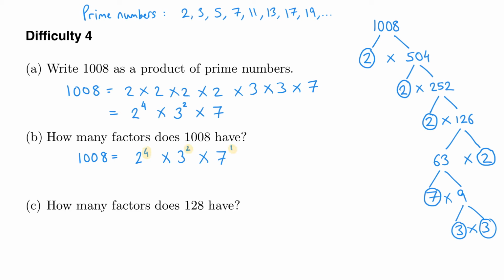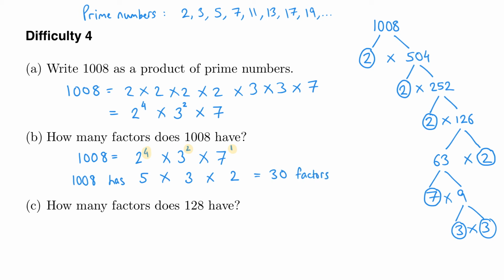Then we need to add 1 to each of those indices. So 4 plus 1 gives me 5, 2 plus 1 gives me 3, 1 plus 1 gives me 2. And I then multiply those together. 5 times 3 times 2 gives me 30. So this is telling me that 1008 has 30 factors altogether.